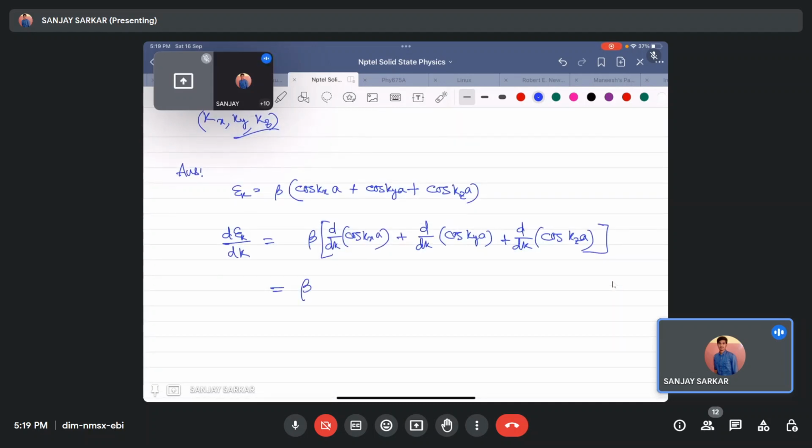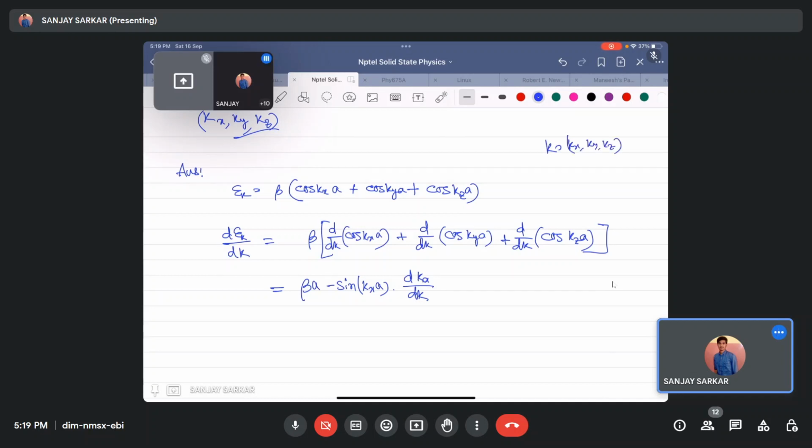So beta, this will be minus sine kxa, with a outside, and then there will be dkx dk. So it's a chain rule, because k is a function of kx, ky and kz.